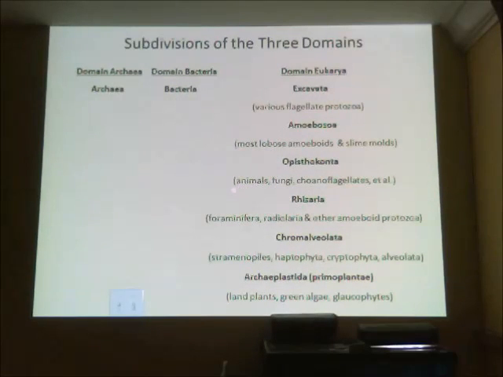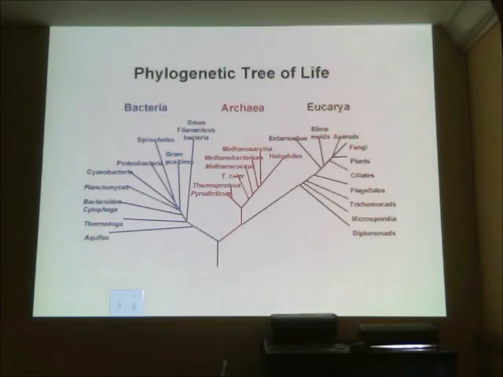We don't care too much about them, but from the point of view of agricultural science, here we've got animals and fungi, both of which have agricultural importance, and here we have land plants. So we pretty much have crops, and green algae, which is also of agricultural importance. So let me move on here and introduce you to the phylogenetic tree of life.